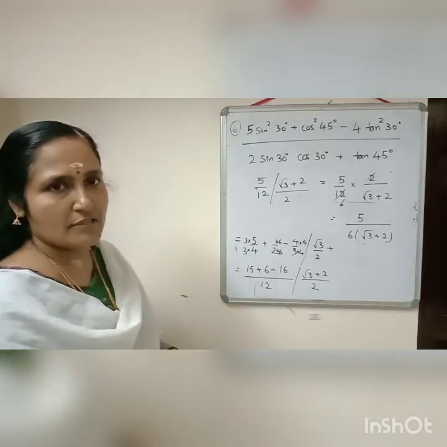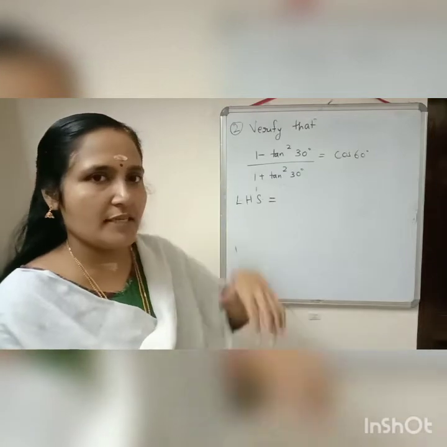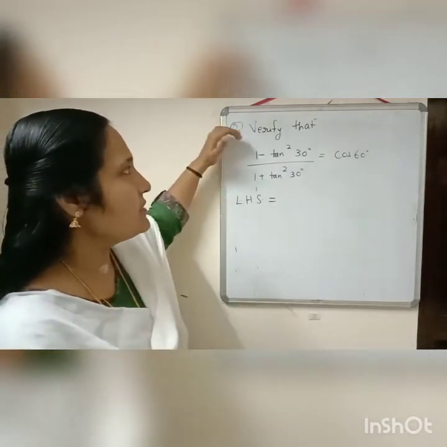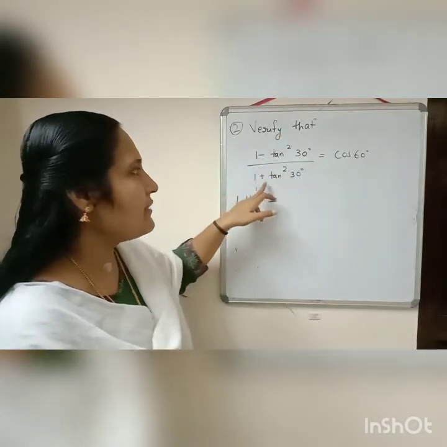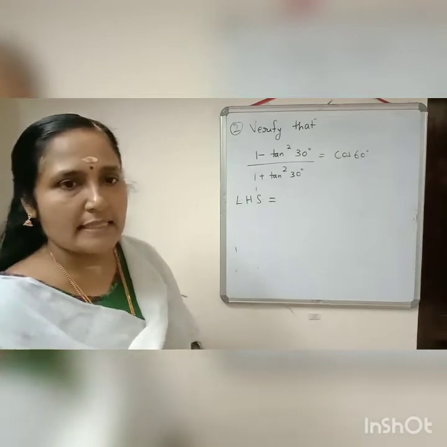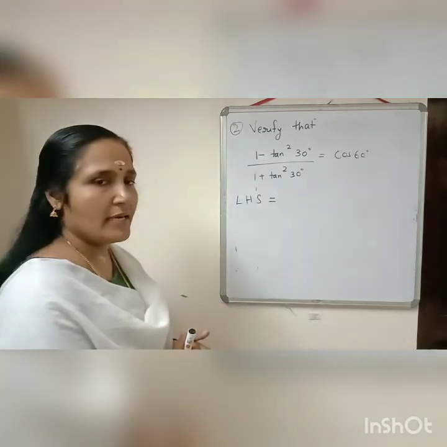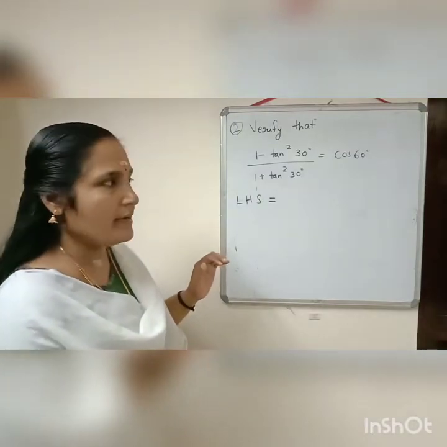So moving on to the next question. Now all of you, evaluation first question is completed. Now second question is verify that 1 minus tan square 30 by 1 plus tan square 30 is equal to cos 60. So whenever you have to verify anything, you have to prove left hand side is equal to right hand side.